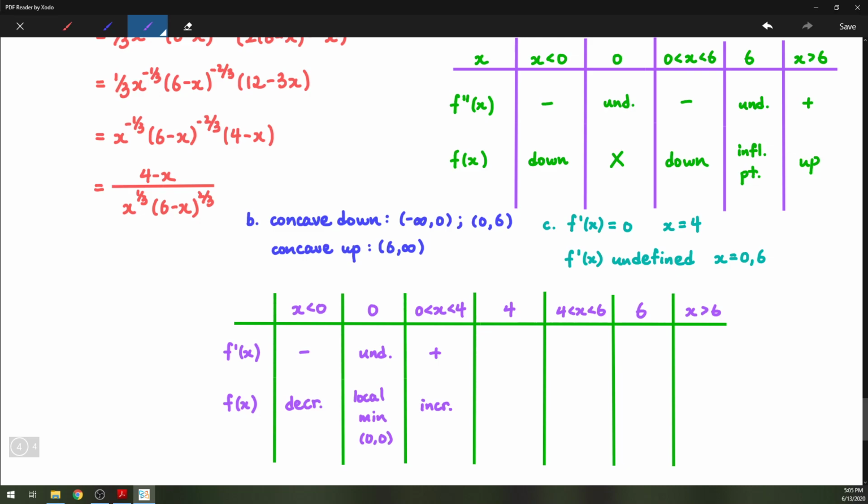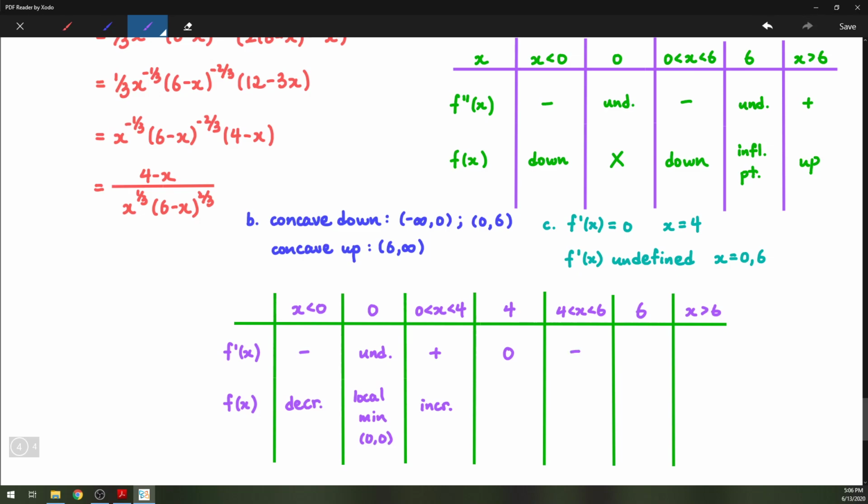And then here at x equals 4, the derivative is equal to 0. So that's the other kind of critical number. And then we're looking at x between 4 and 6. So maybe x equals 5. So this is negative, positive, positive. So overall, the derivative is negative. Okay.